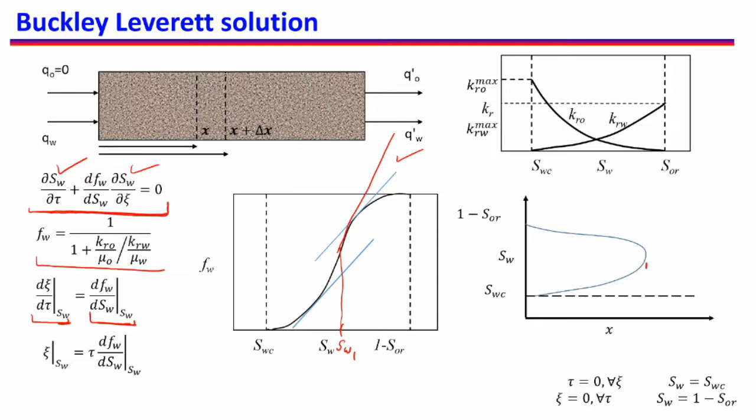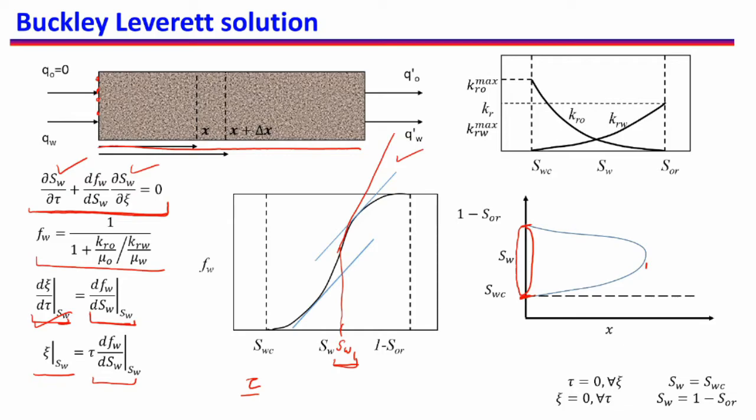Because the slope is constant, if we want to find out in time tau where this saturation has reached in my porous medium, I can just integrate this equation to find that the distance traveled by Sw1 is given by tau multiplied by its speed, because initially all the saturations between 1 minus SOR and SWC are present at x is equal to 0, or xi is equal to 0.